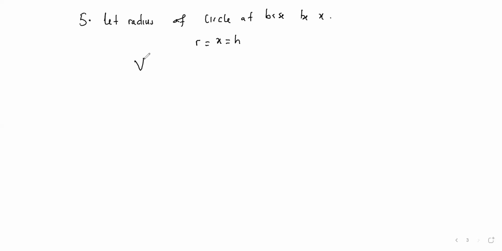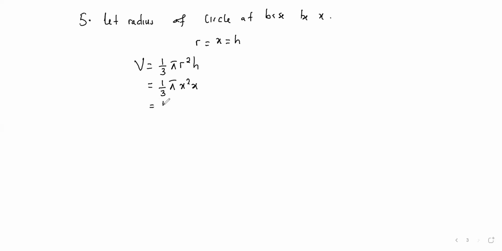So when you write the volume formula for the cone, remember it's 1/3 pi r squared h. That's the formula. And we are told that the radius is equal to the height. So if radius is equal to height, then that's our formula.